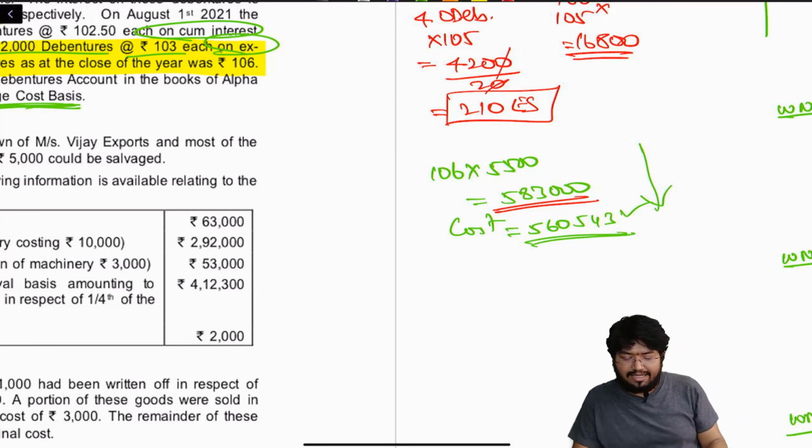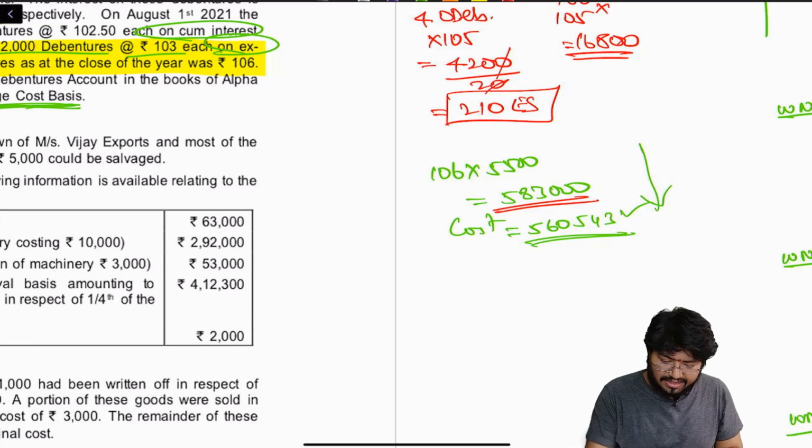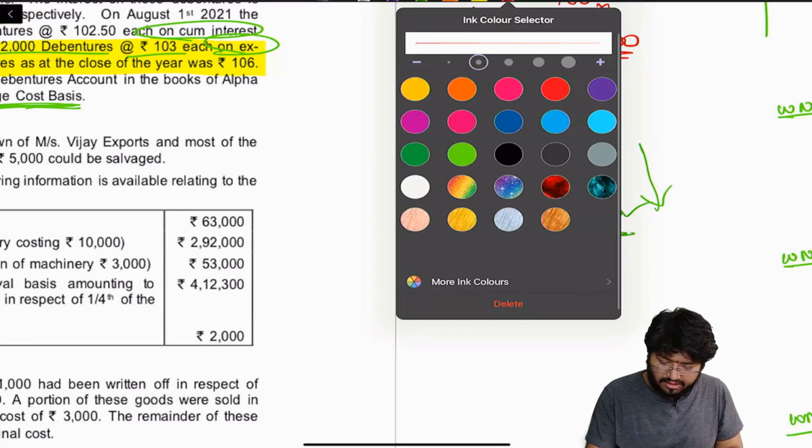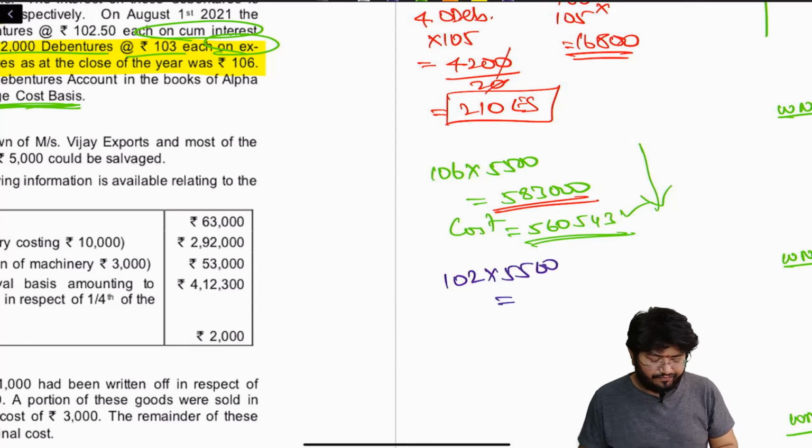Now let's slightly change the question. What if market value is 102? If it is 102 rupees, 102 into 5,500, how much would it be? 5,61,000.